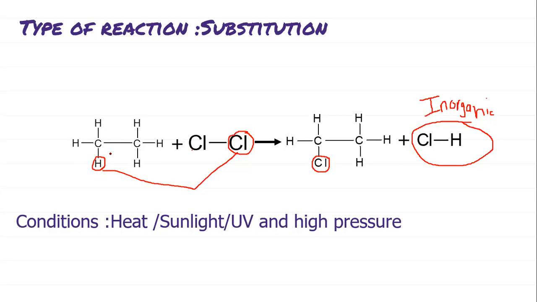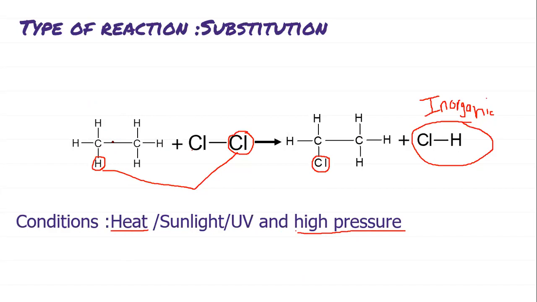If we want them to react, we make sure that the reaction conditions are that we provide heat and that the reaction occurs under high pressure. So these are the conditions that we are supposed to meet. It means if these two conditions are not met, then this alkane is not going to react because it does not react easily, because this single bond between carbon and carbon atoms is stable.